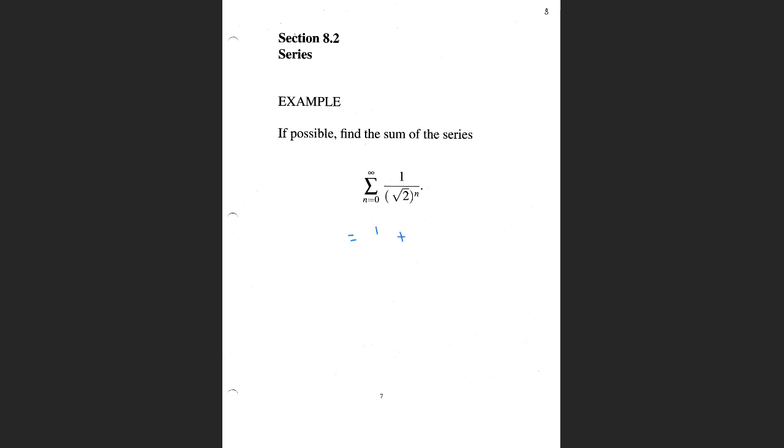Good. Because the first term of the series is 1 over the square root of 2 raised to the 0th power. You start at n equals 0. So that first term is equal to 1.